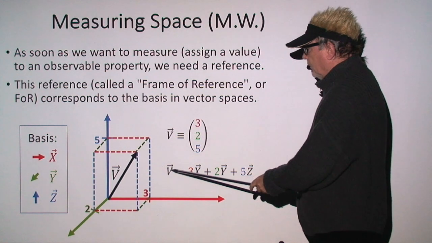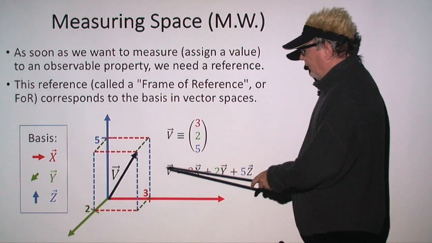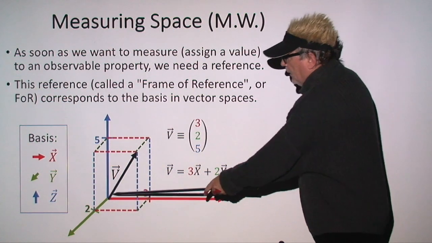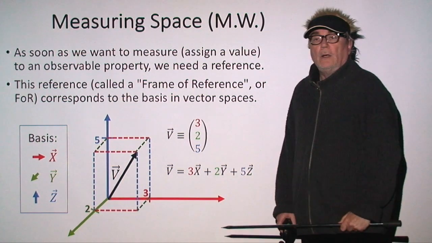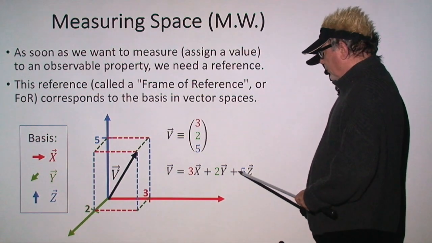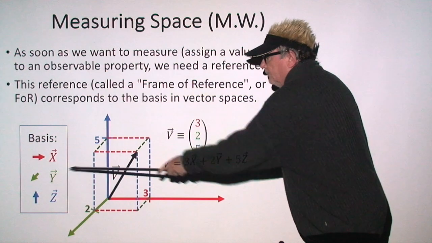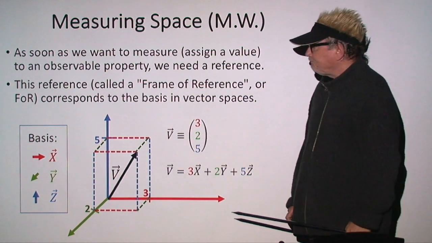So in this case, this means that vector v is equal to 3 times vector x, plus 2 times vector y, plus 5 times vector z. Okay, these are the basis vectors.